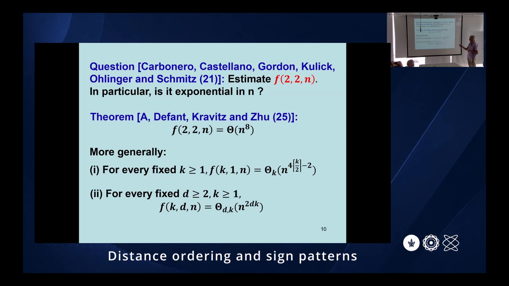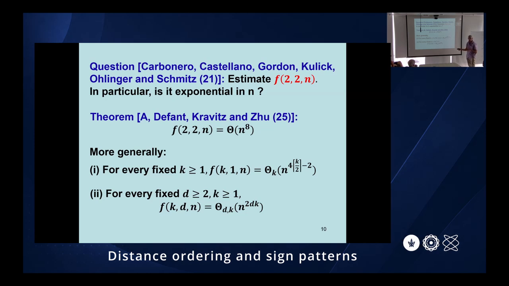This is a special case of a more general result, that for every fixed k, well, in dimension 1 there is something special, so worry about it. In dimension 1, it's pretty easy to understand what is happening. But if the dimension is at least 2, and the number of vantage points or voters is k, then as n grows, the number of possible orders is like n to the 2dk.